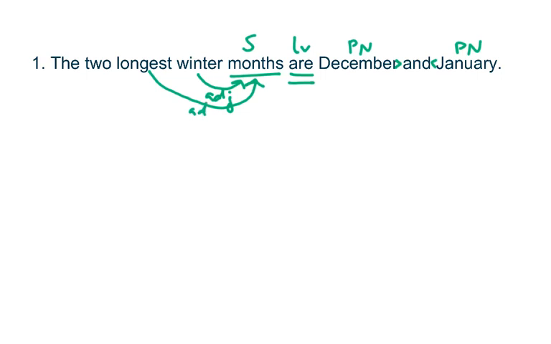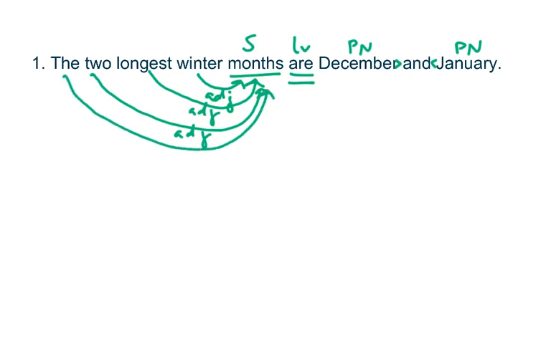I feel a pattern coming on. 2. 2 is also an adjective that describes or modifies months. What about the? The is once again another adjective describing months. So we have everything marked in our sentence. The instructions don't tell you to diagram, but I would like you to try, okay?